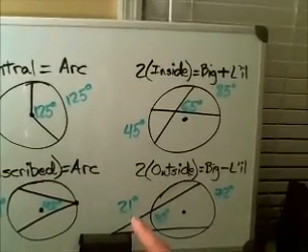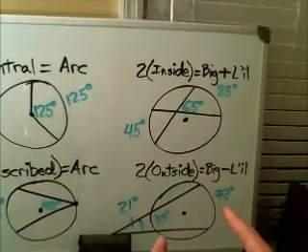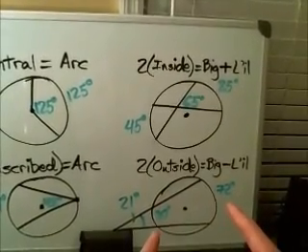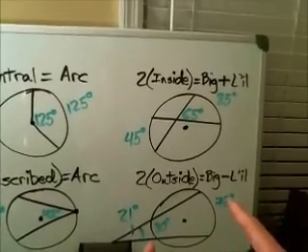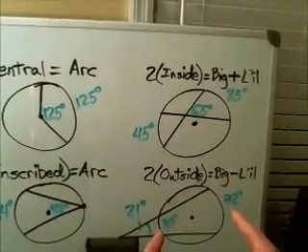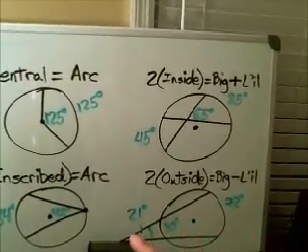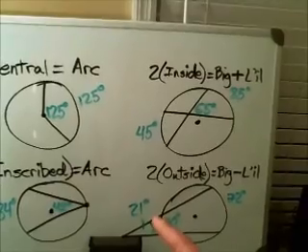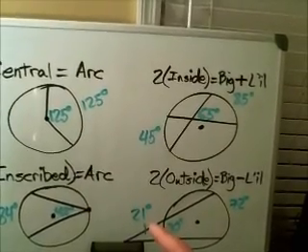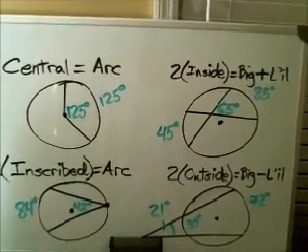Now, if I take this and double it, I'm going to find the difference between these 2 intercepted arcs. So on the flip side, if I know the big arc and I know the little arc and I find how far apart they are, I subtract them. Then I'm going to find exactly double my angle so I can divide by 2 and find what this should be.